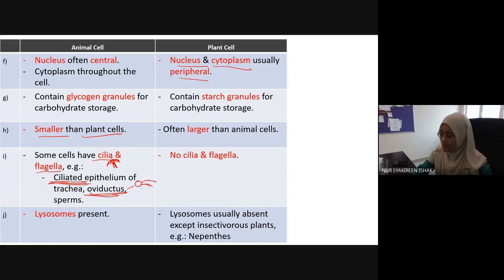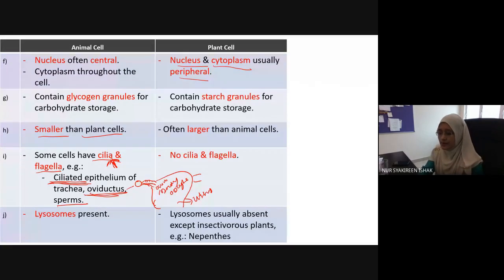Release ovum into the fallopian tube or the oviducts, and then the oviducts is lined with cilia. It is to move the ovum or the secondary oocyte until it reaches the what? The uterus. Okay, the uterus, right?